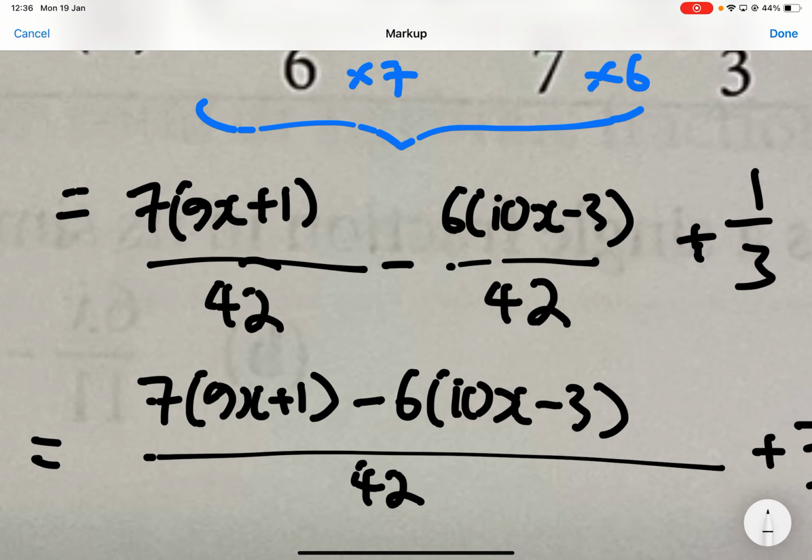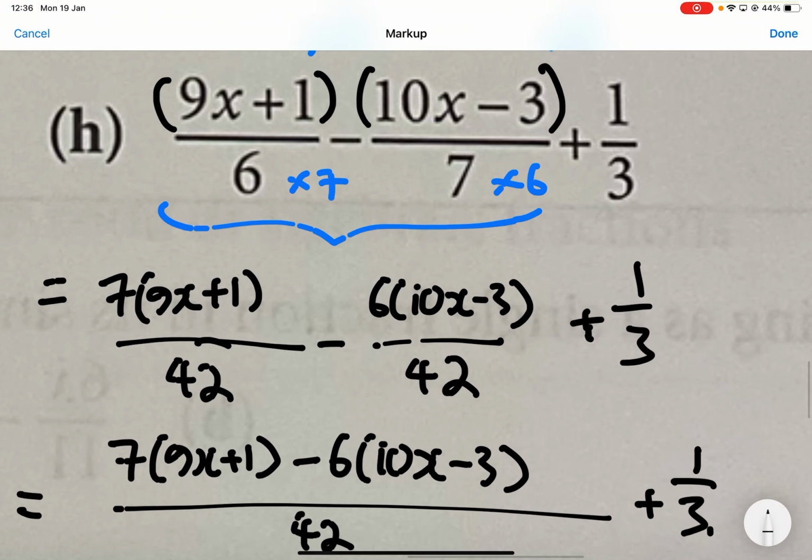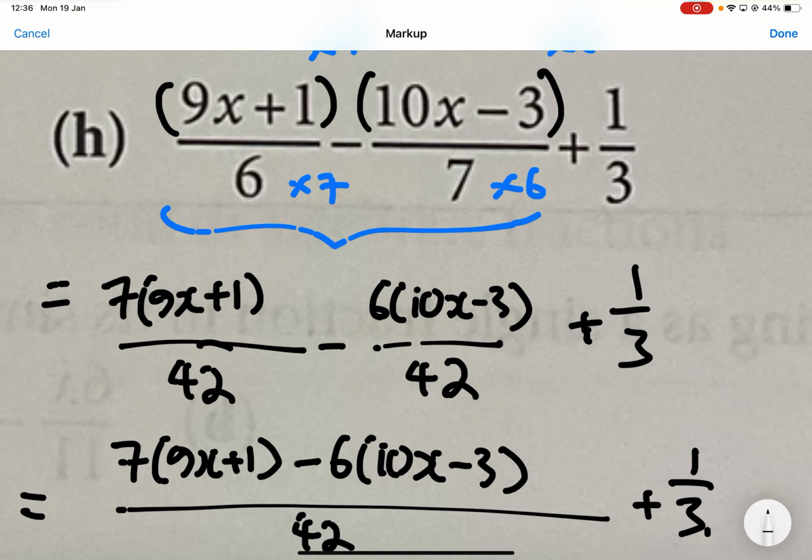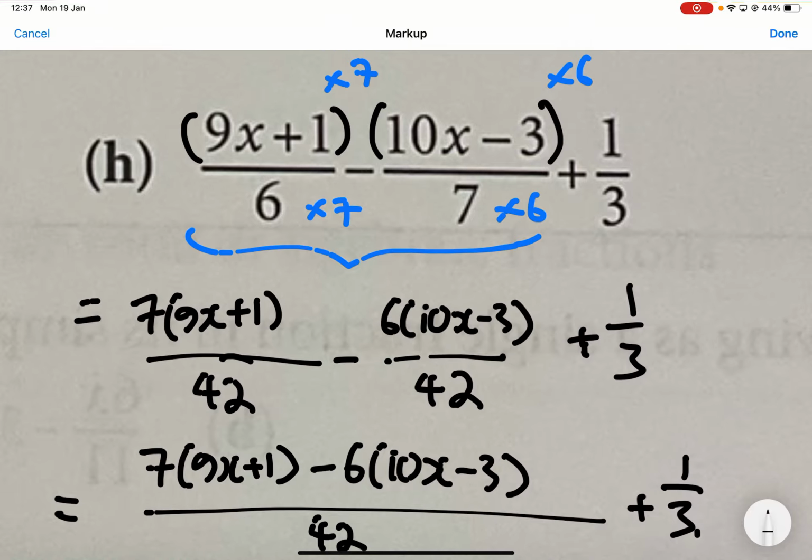Then we will come to this step. My 1/3 hasn't been touched yet, so it is still here. Then my first fraction becomes 7 multiply this bracket as the numerator, 6 times 7 as the denominator. Second fraction, the entire bracket multiplied by 6 is the numerator. Then denominator is 42.